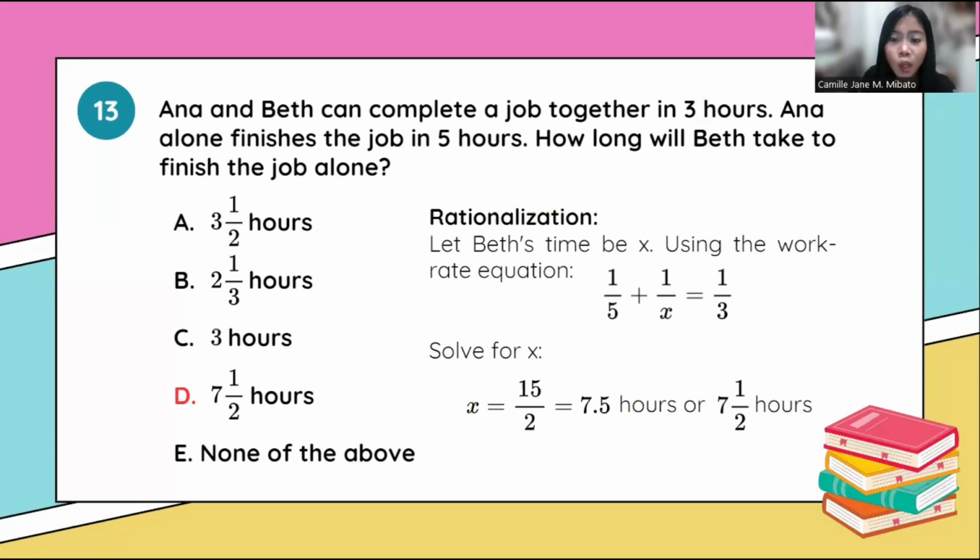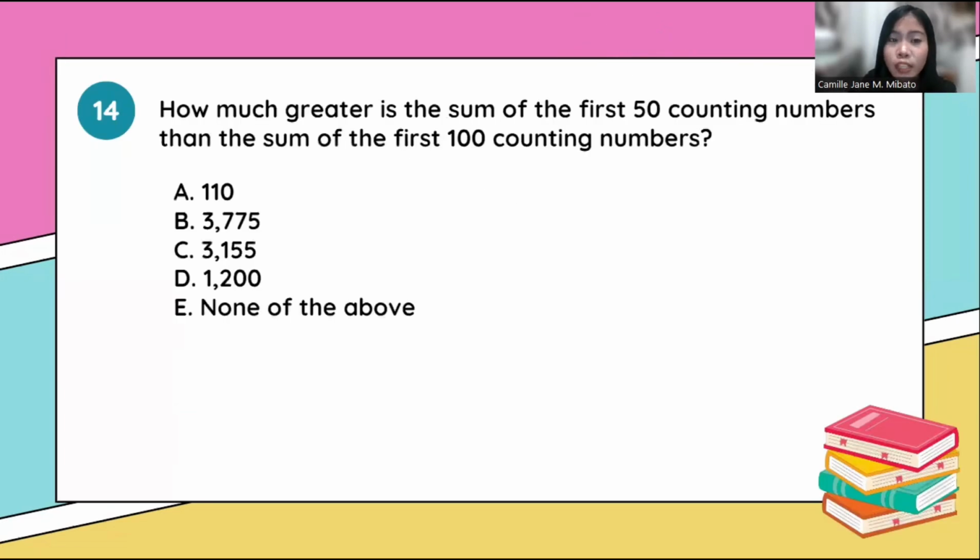Solving 1/5 plus 1/x equals 1/3, we have x is equal to 15/2, which is equivalent to 7.5 hours. So it's letter D, 7.5 hours. Okay? Let's proceed to question 14.